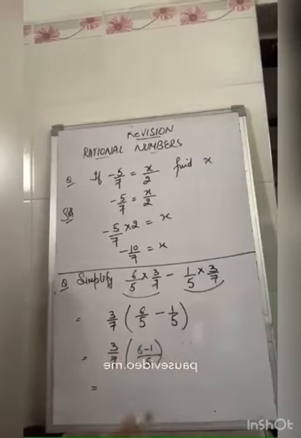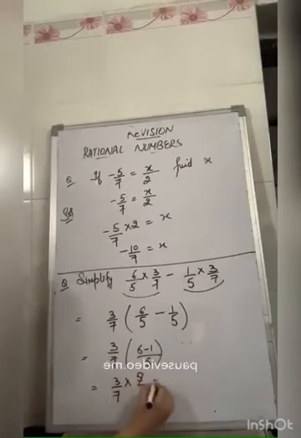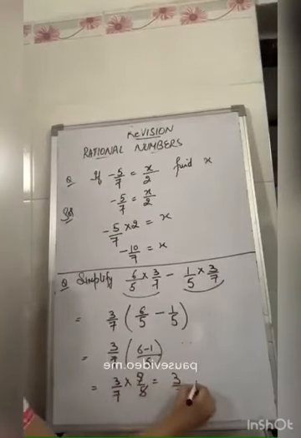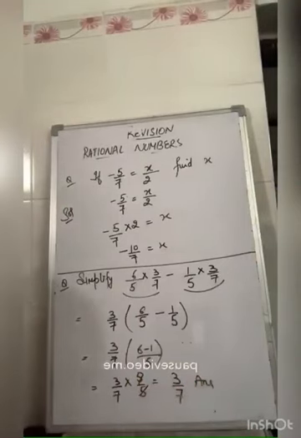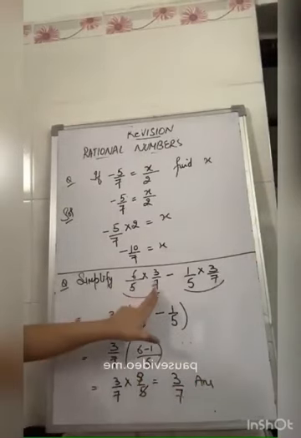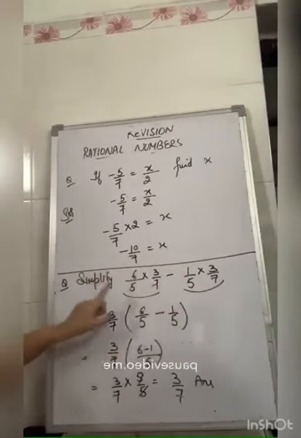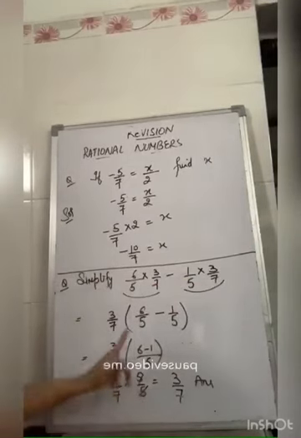So the LCM is 5 only, so the numerator will be as it is, 6 minus 1. So 3 by 7 into 5 over 5. 3 by 7 into 1 is 3 by 7 only. So see, by taking 3 by 7 common, the calculation was so much easier. We just have to take the LCM and we get the answer.